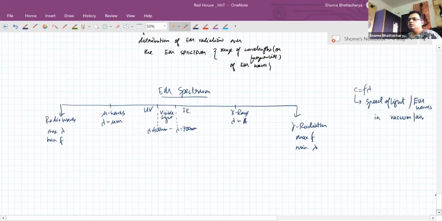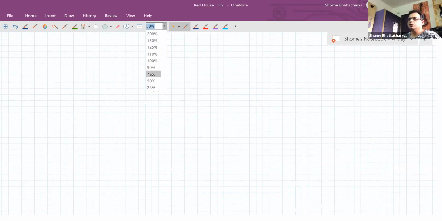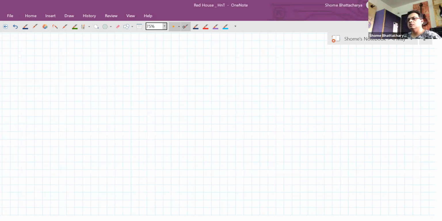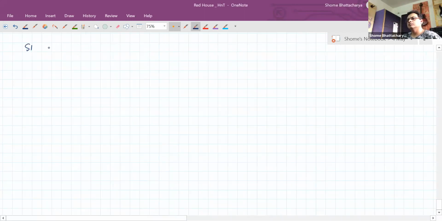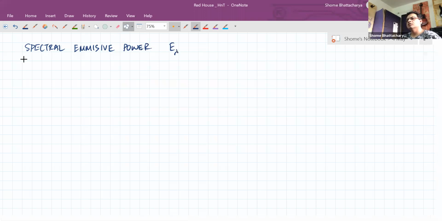Okay, so let's look at the parameter called spectral emissive power. It is denoted by a symbol like this.